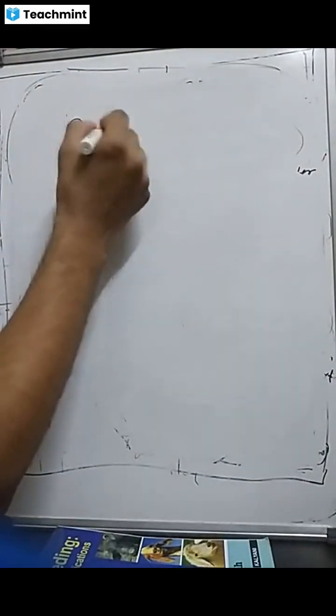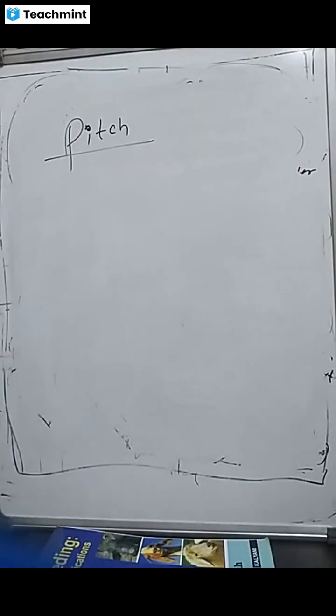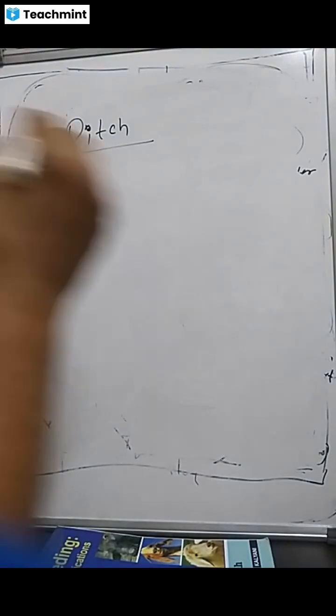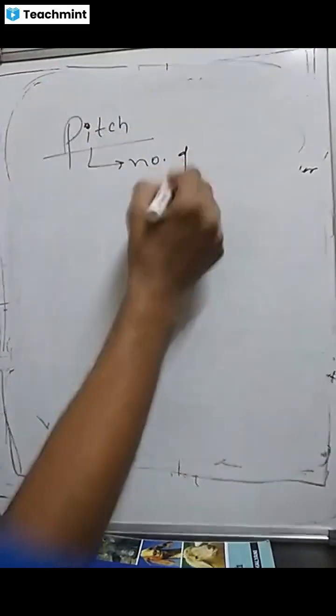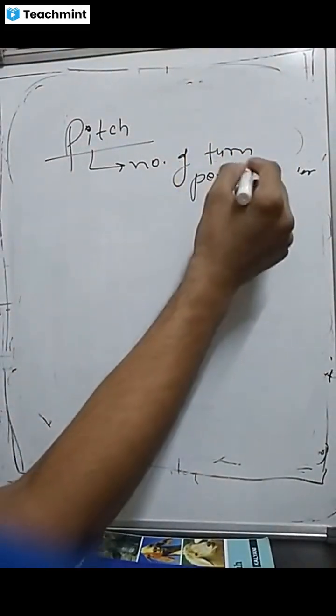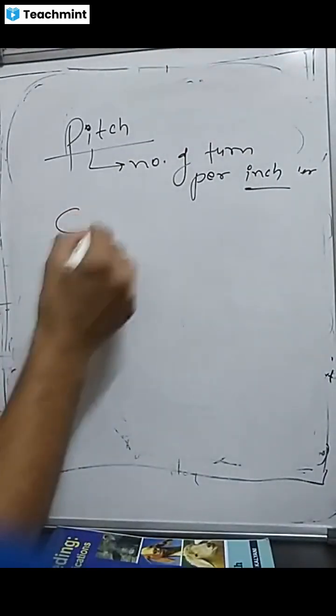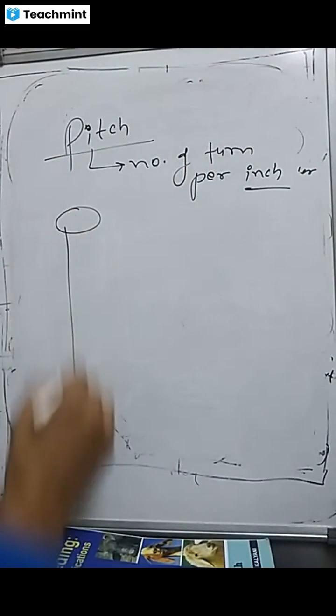Next thing, there is one term called pitch. Pitch is the number of turns per inch. Suppose there are two screws.